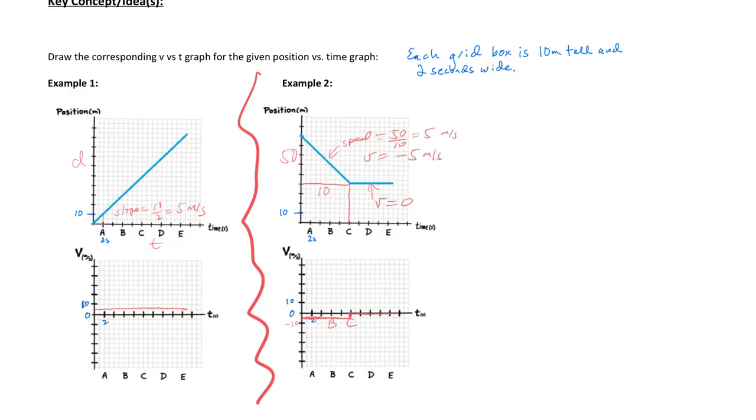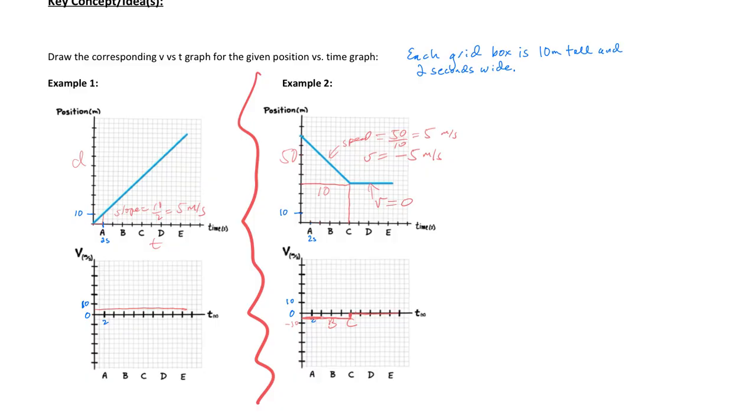Okay, so on this one, it's a little different. Okay, so we start out with positive velocity here, first half, and we've got slowing down, so we've got negative acceleration.